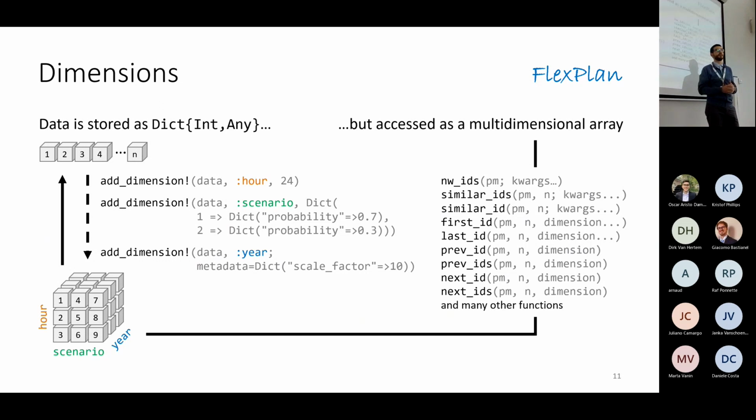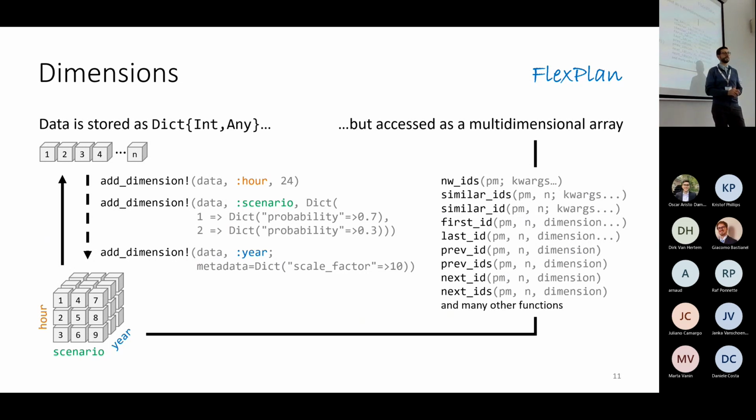So there's the need of a function that retrieves the index of the same period in a different scenario, or maybe, for a storage constraint, pairs of consecutive periods in the same scenario, or to go to the last period to build a customized version of a constraint, for example, the final energy state of a battery.